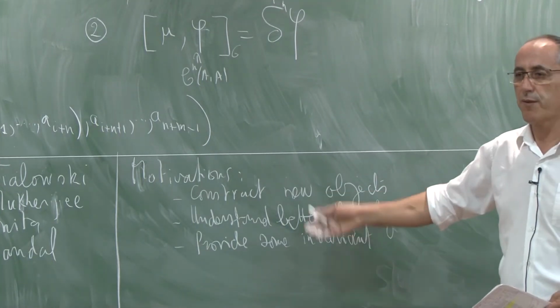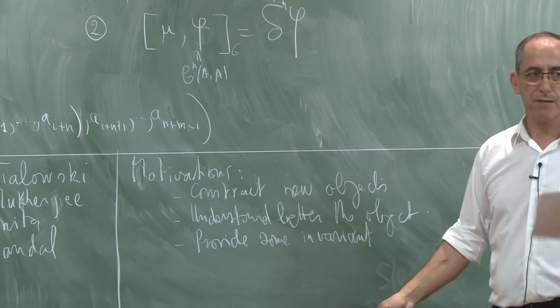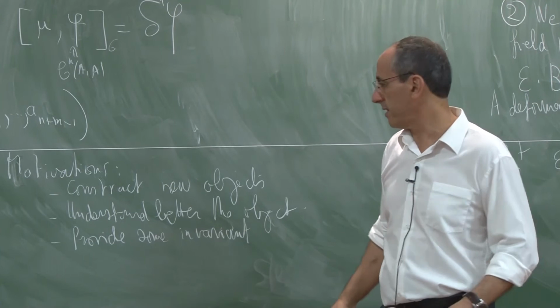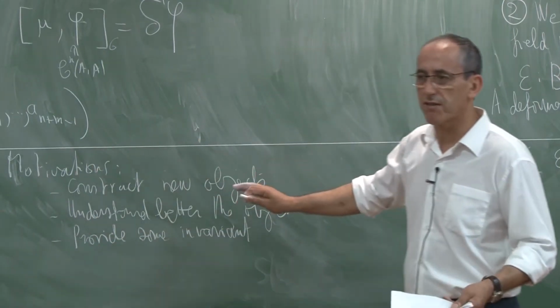For example, if your algebra is rigid, it cannot be isomorphic to another algebra which is not rigid. Now this is the motivation in general.